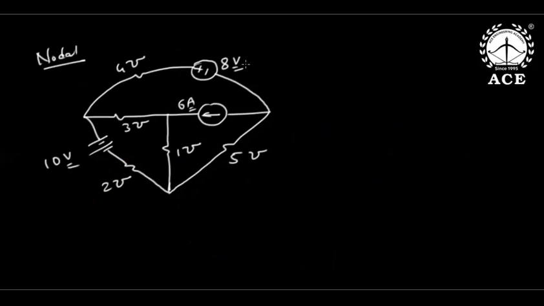So nodes first. There are total 1, 2, 3, 4, 5, and 6. Out of 6, simple nodes I neglect, but one of the principal nodes I will take as reference. So let this be V1, let this be V2, let this be V3.